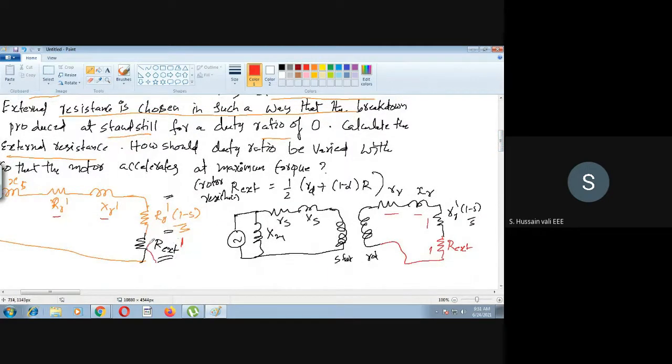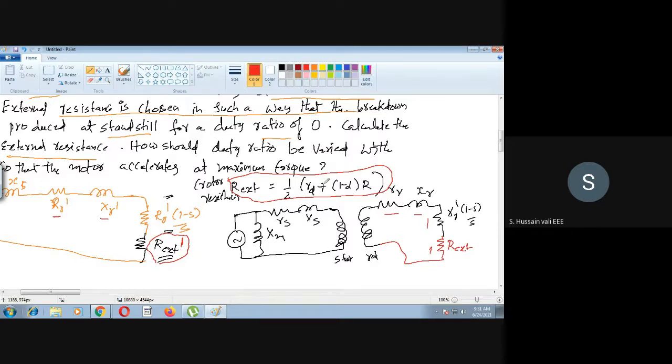Coming to R external dash, there is a little bit you need to understand. The formula we got last class, R external is equal to 1 by 2 into RD plus 1 minus alpha into R, is the rotor resistance. This is referred to the rotor, not referred to the stator.